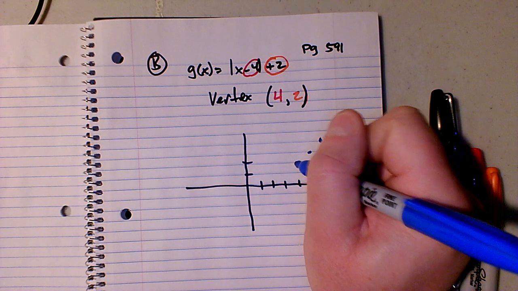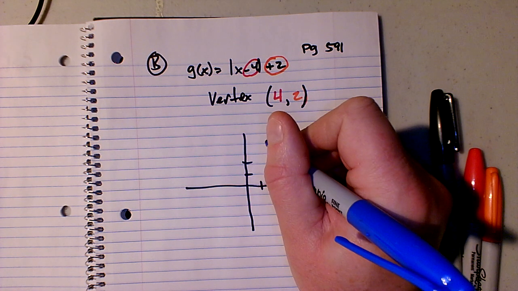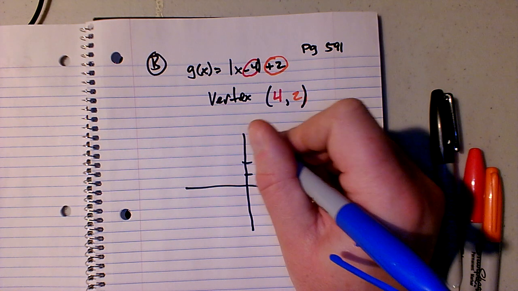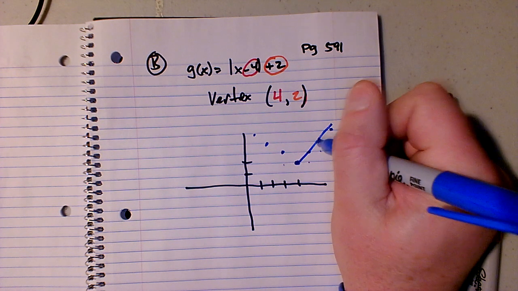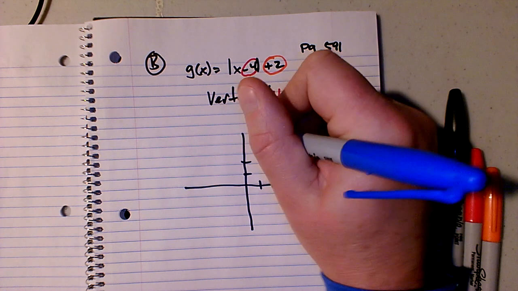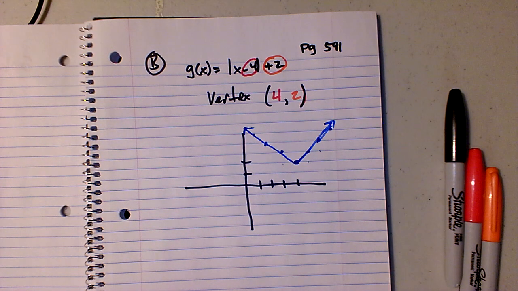That will be the slope. So to the left 1, up 1, left 1, up 1, left 1, up 1, etc. Connect the dots. You get your graph. That's how you do that.